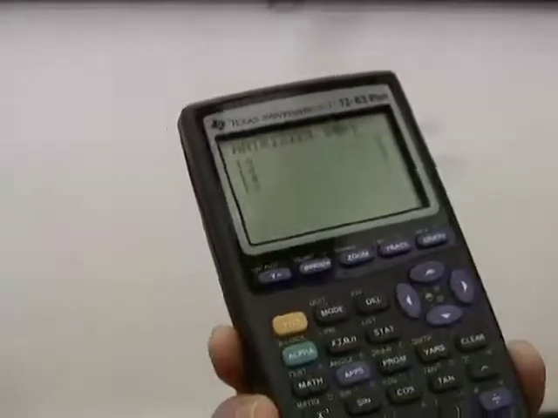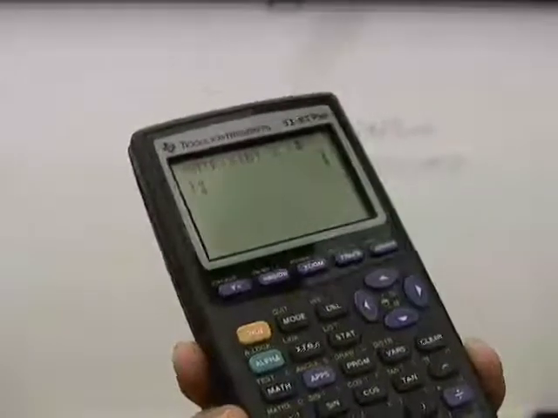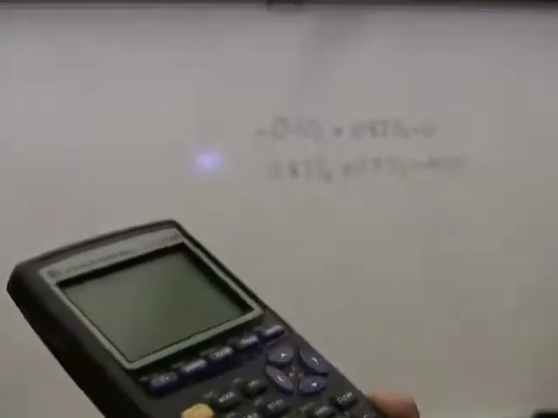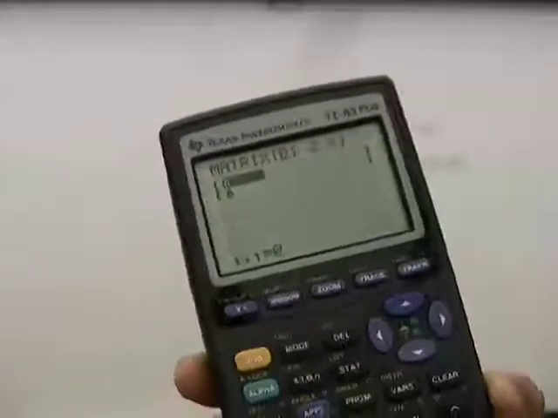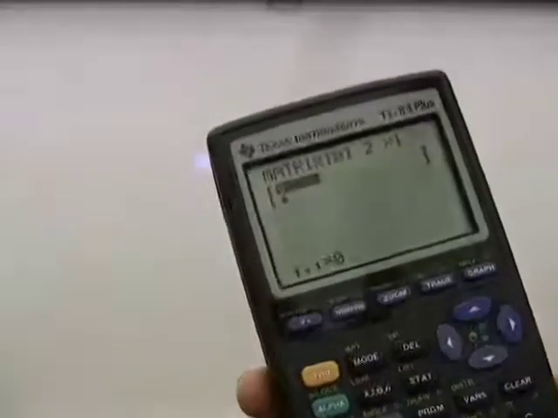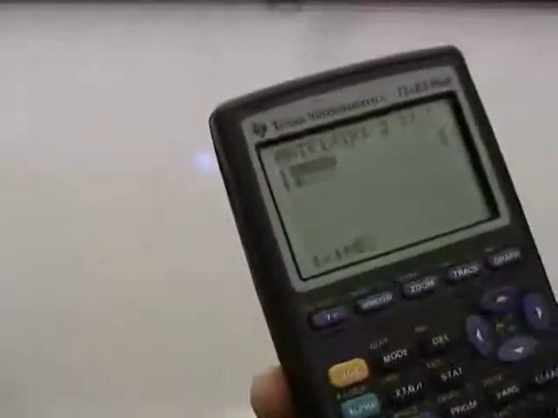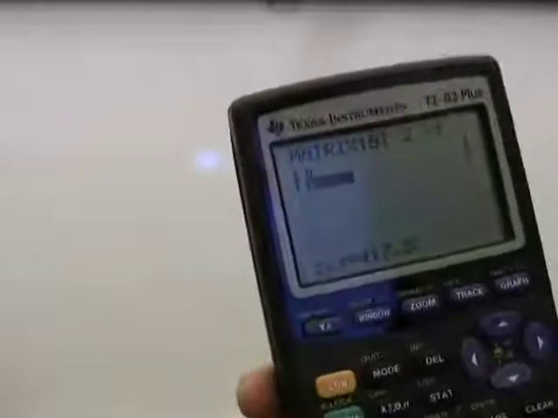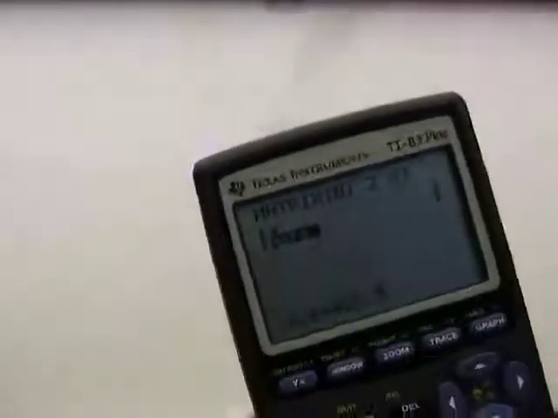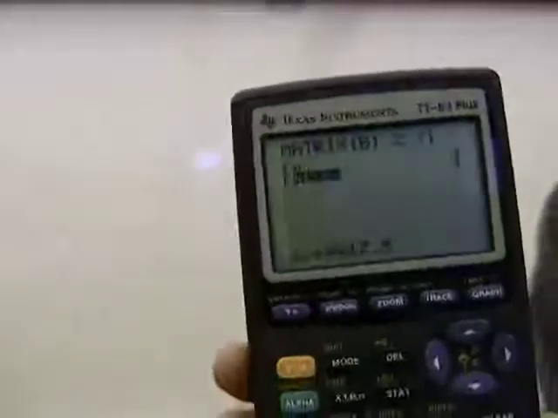So write 2, enter, 1. That's right. So you got a 2 by 1 matrix. And what are the elements of that? 0. So enter, 0, enter, 417.5, enter. There you are. You got matrix A and matrix B.